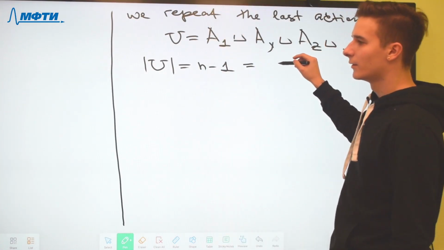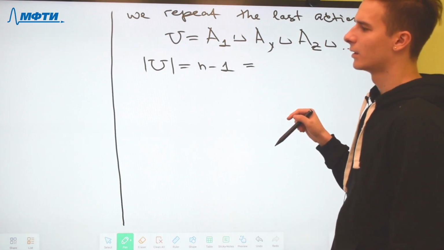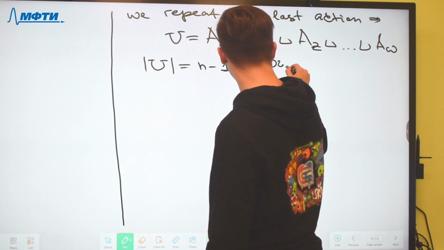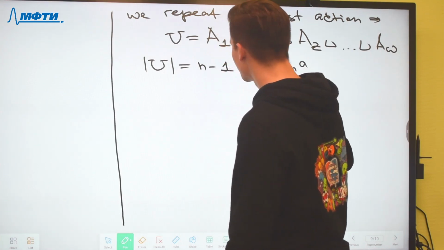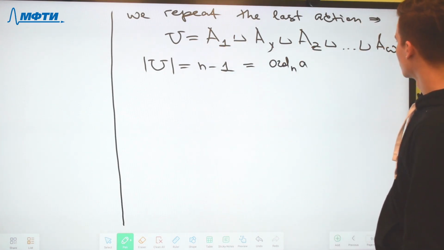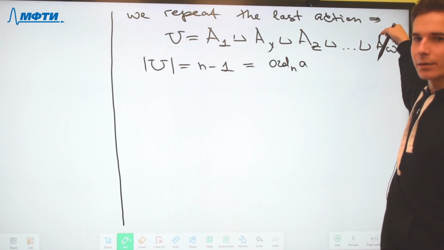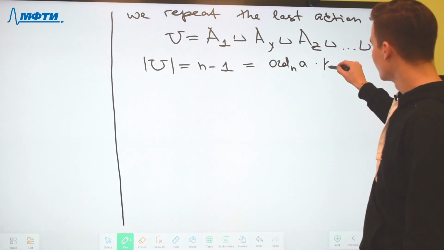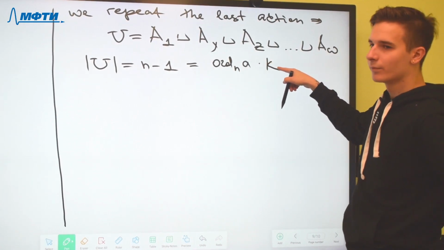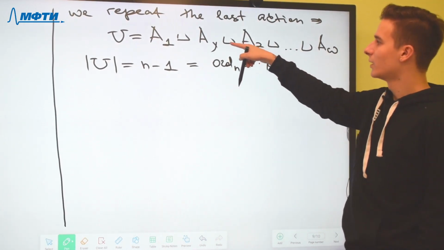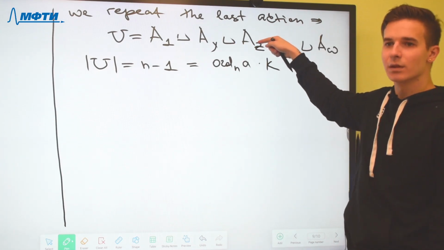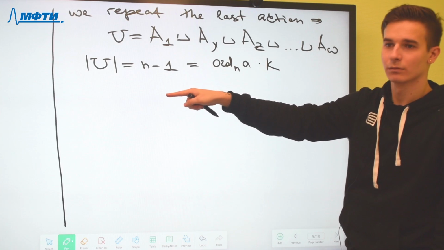And we know that in A1 we have the order of A modulo n elements. And if we have k subsets here, then n-1 is equal to the order of A multiplied by k, because the number of elements of each of these subsets is equal to that of A1.